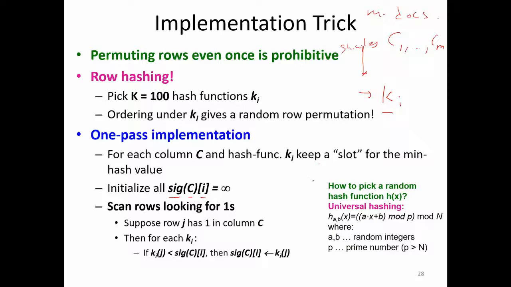For each row j which is present in at least one of the documents, you check for each k_i whether the k_i of j that you are getting is less than your sig c of i.